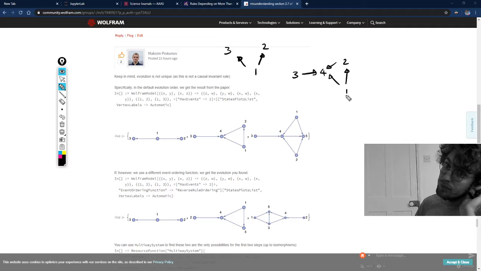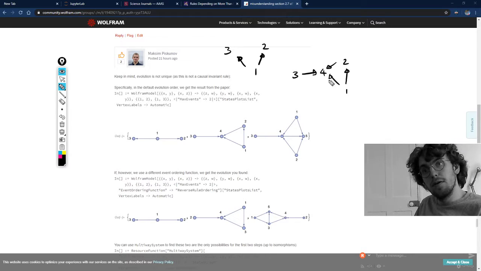Then in this is x. If it's x, y, z, then 3 is still there, going to 4. 4 goes to 5. 2, which is y, goes to 5.